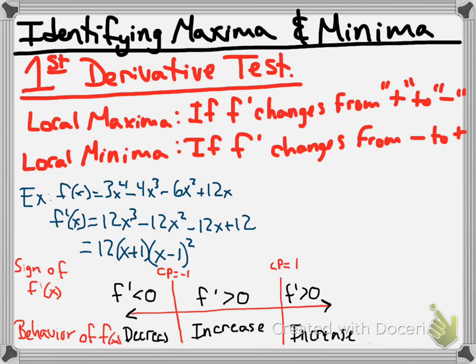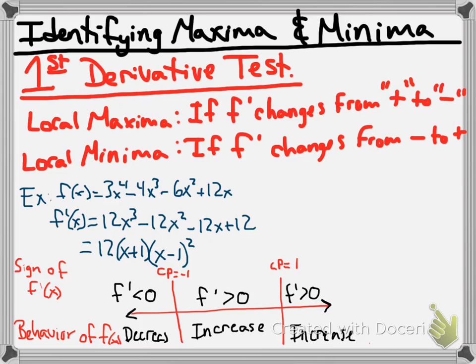Between our critical points, negative 1 and 1, the first derivative is greater than 0. And for any value greater than the critical point on the right, x equals 1, the first derivative is again greater than 0.